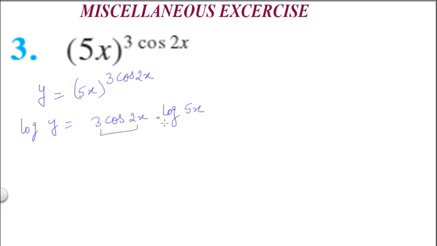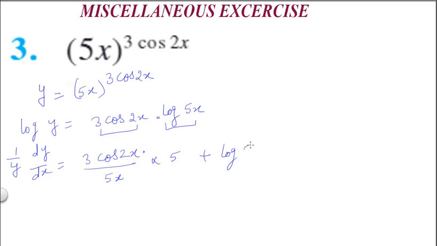You see there are two functions, so we'll use the product rule. This side we will have 1 by y dy by dx equals first function as it is.